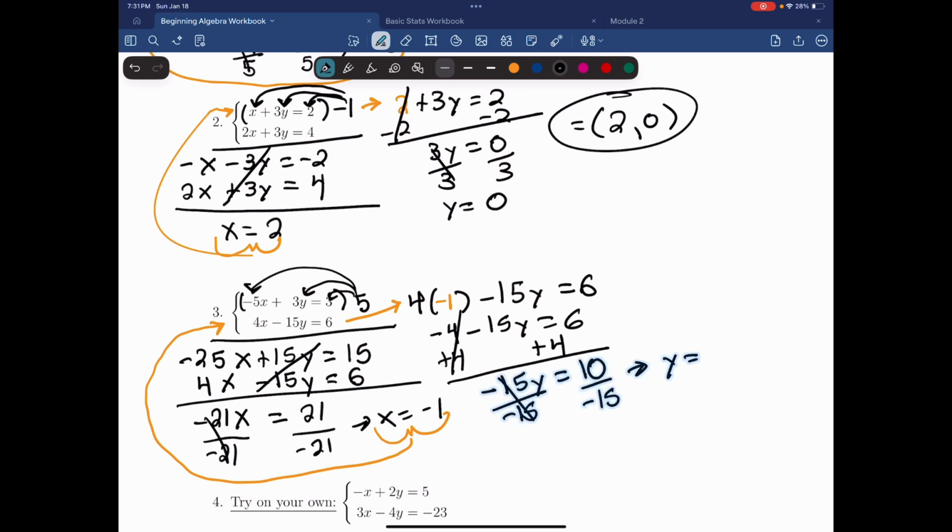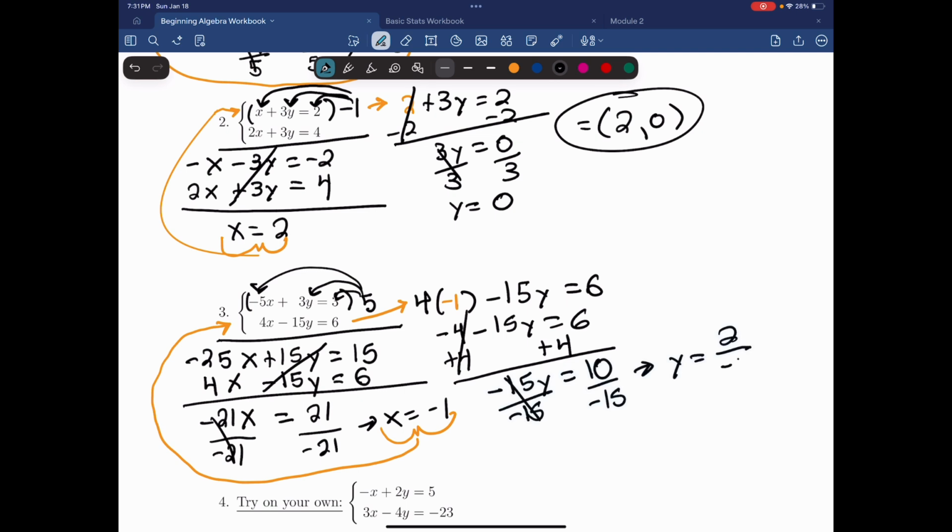If I divide both the numerator and denominator by 5, I get 10 divided by 5, which is 2, over negative 15 divided by 5, which is negative 3. So we get y equals negative 2/3. So the solution to this system of equations is (-1, -2/3).